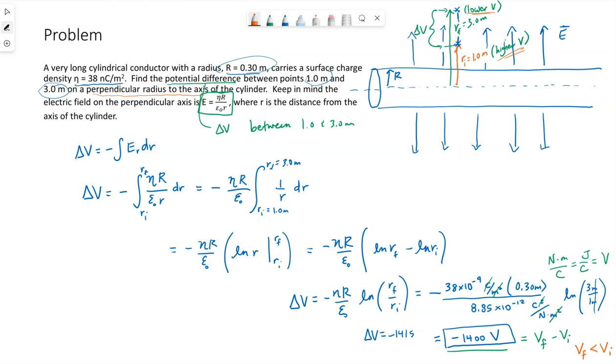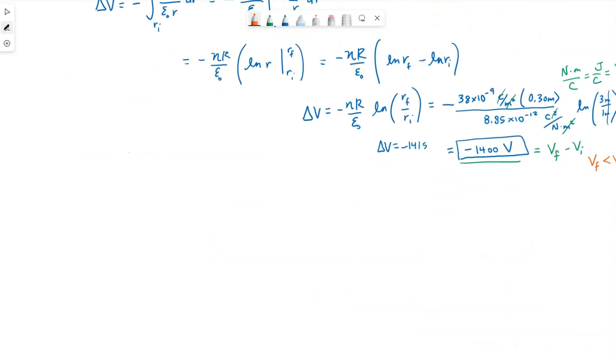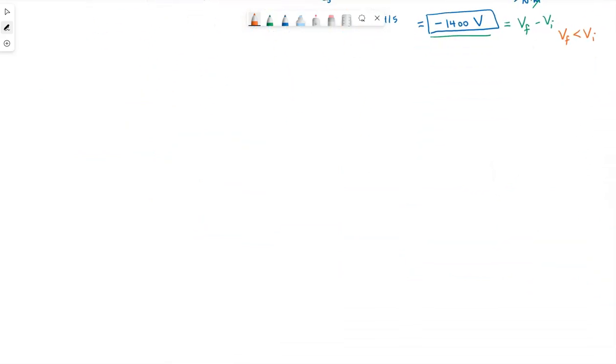Okay, I want to talk about one other thing. So, same cylindrical conductor, but I want to change the question slightly and look for the potential difference between R of 0.1 meters and R of 0.2 meters.